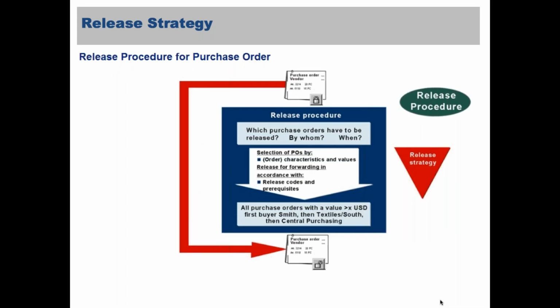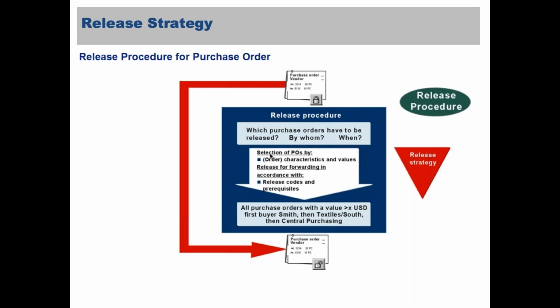So when we talk about the release procedure, now I create a purchase order. When you have configured a release procedure in the system, it will go through that release procedure and see which purchase orders have to be released by whom and when. These are the conditions that the release procedure will undergo.